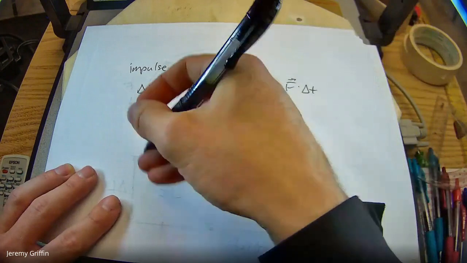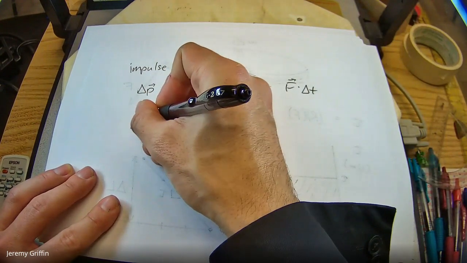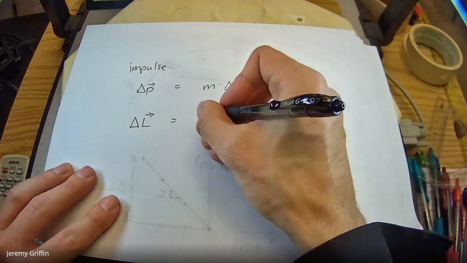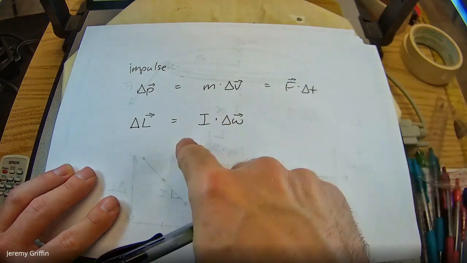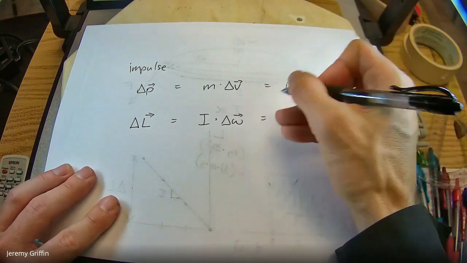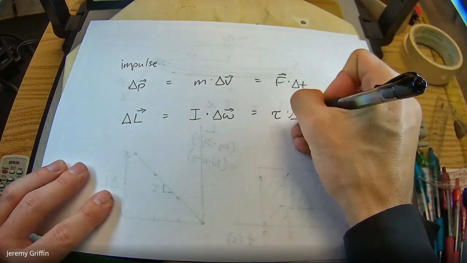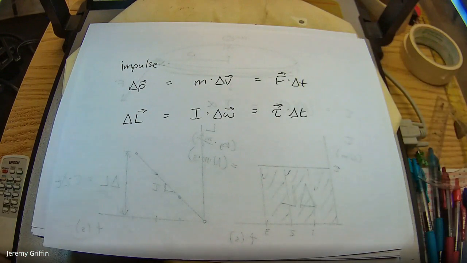Well, we've got a rotational equivalent to that, and that's change in angular momentum, say like angular impulse, which is I times change in omega for a constant I. Now you wouldn't need a constant I for that, like for a rigid object. And that comes from applying a torque for a time interval. That's what we just did graphically, something like that.